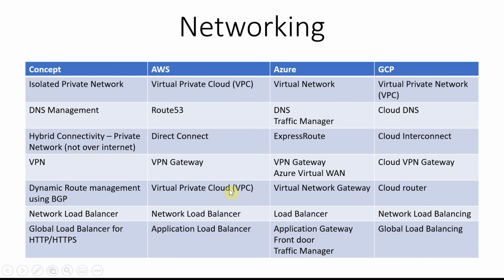The answer for that is, again, VPC, which is a broader layer here. In Azure, it is Virtual Network Gateway, and in GCP, it is Cloud Router. It's just like a router, as you can understand. Most of us have routers at home or at the office, and what a router does is manage the traffic. So that is what it is.